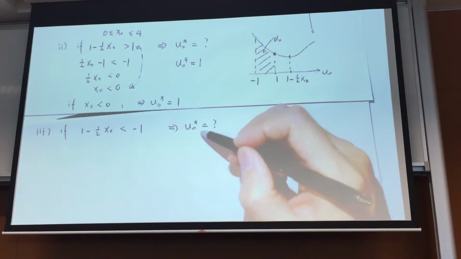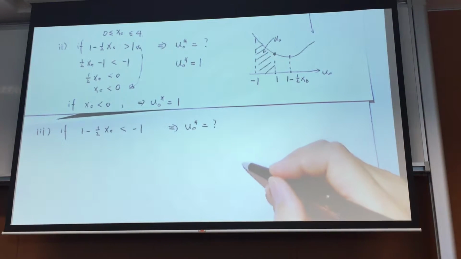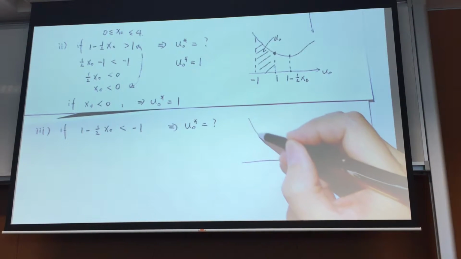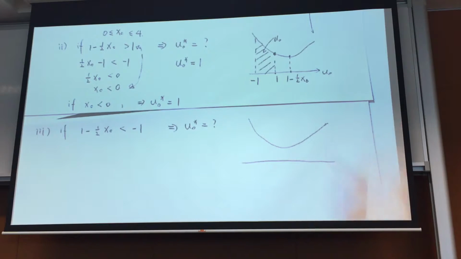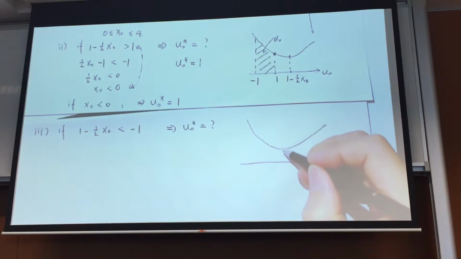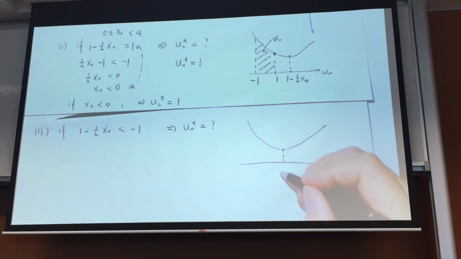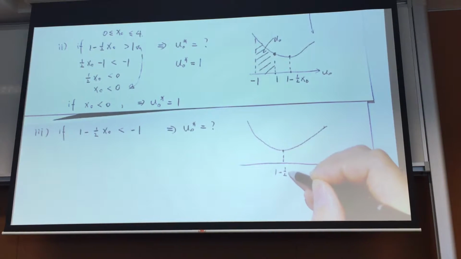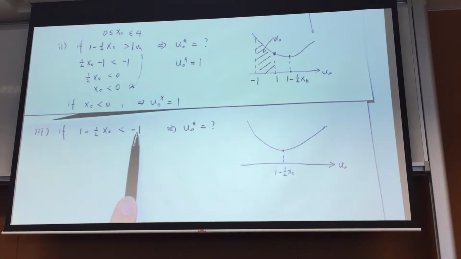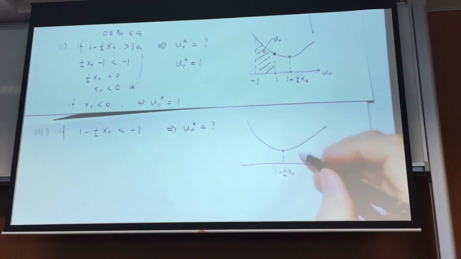To evaluate the u0 star, we can also plot our function. We know it's a quadratic function that we plot in terms of u0, and the global minimizing point is given by 1 minus a half x0. In this case, the minimizing point is smaller than -1.